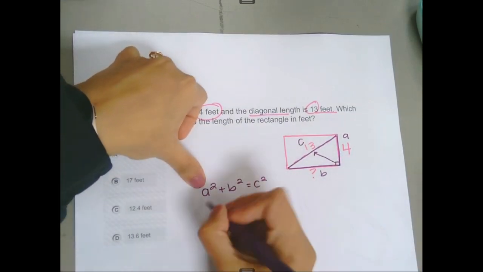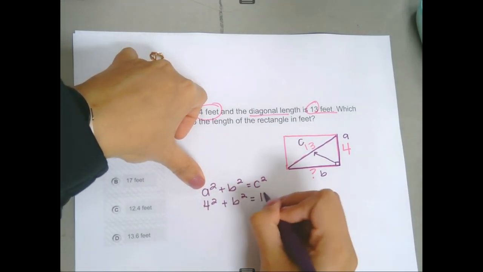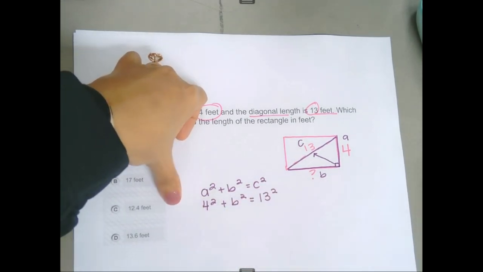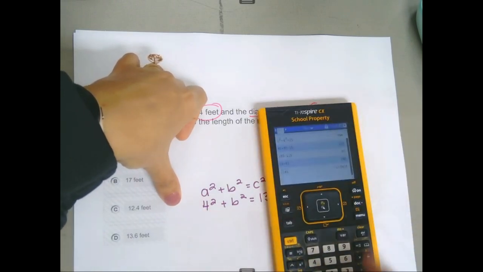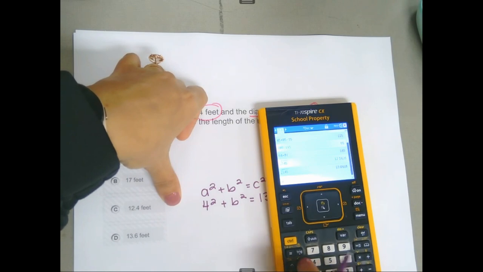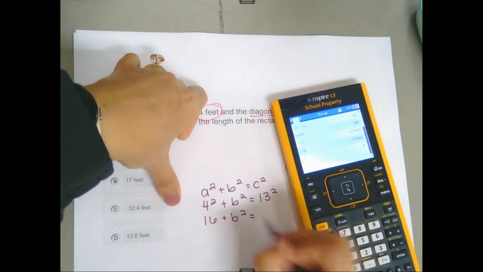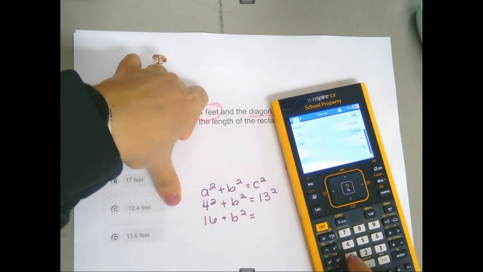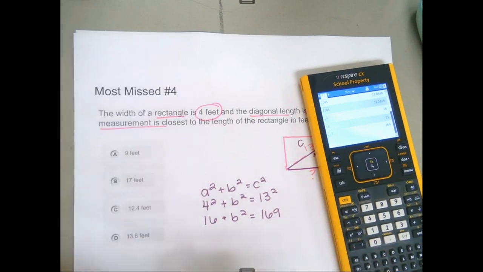So A is going to be 4 squared plus B squared equals 13 squared. 4 squared, when I type in 4 squared in the calculator, that's going to give me 16 plus b squared equals 13 squared, which gives me 169.